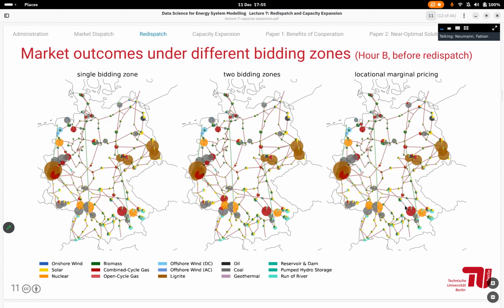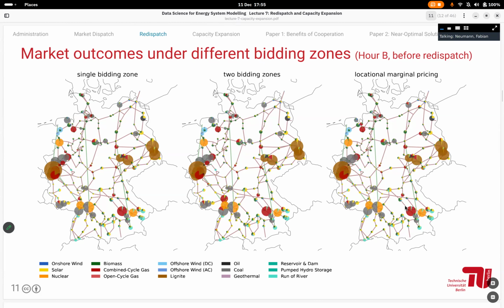If you look at an hour without a lot of renewables, typically you wouldn't see that many bottlenecks, and then the market outcomes between these different setups are typically quite similar. So it's an effect that is intensified as you bring in more renewables.